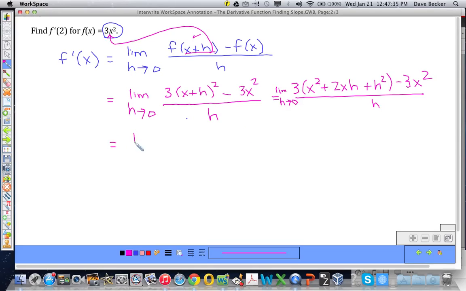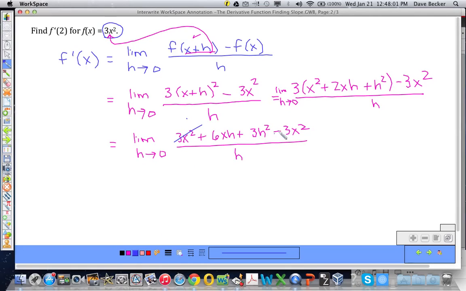So that equals the limit, almost done here, as h approaches 0 of 3x squared plus 6xh plus 3h squared minus 3x squared. And what did I do? I just distributed the 3 through the parentheses, all over h, and things are starting to look better.